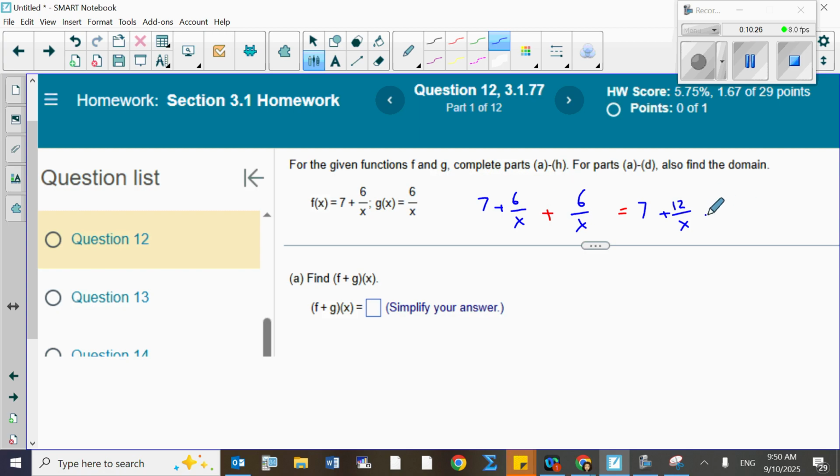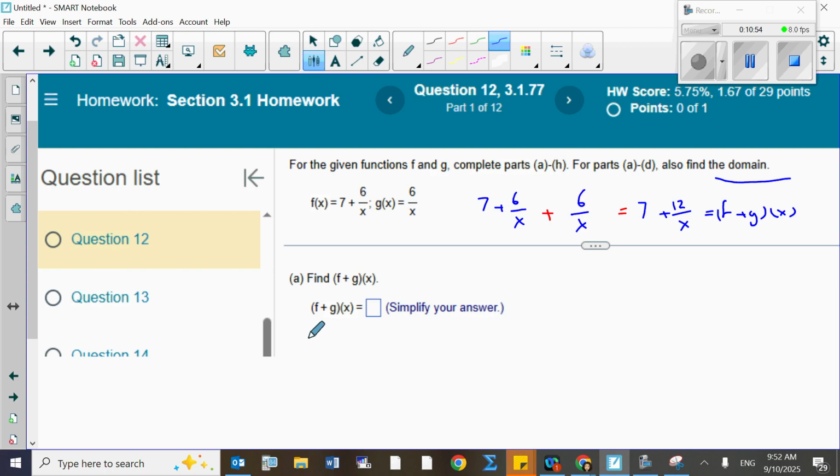So this is basically your f plus g of x. We also need to find the domain of the resulting function. So we know that in order to find the domain of a function which is the sum of two other functions, we basically need the domain of each function and then find the intersection of those two.